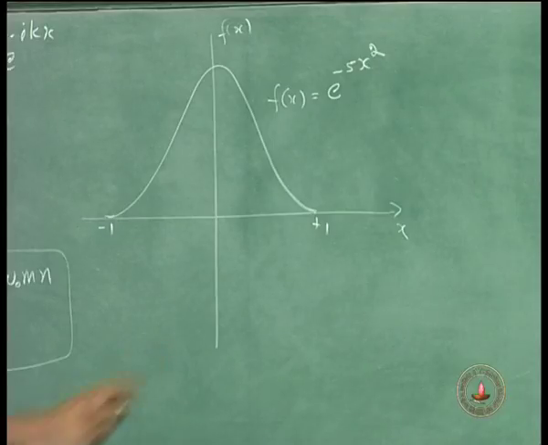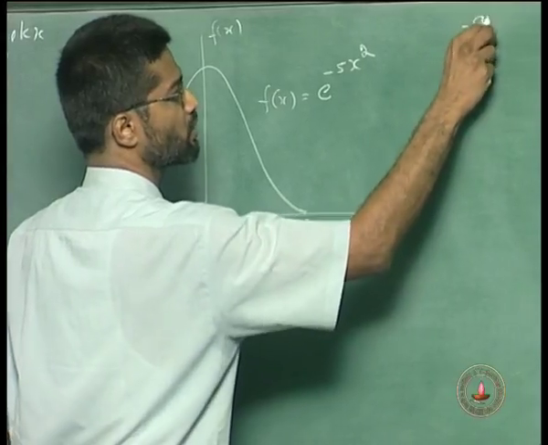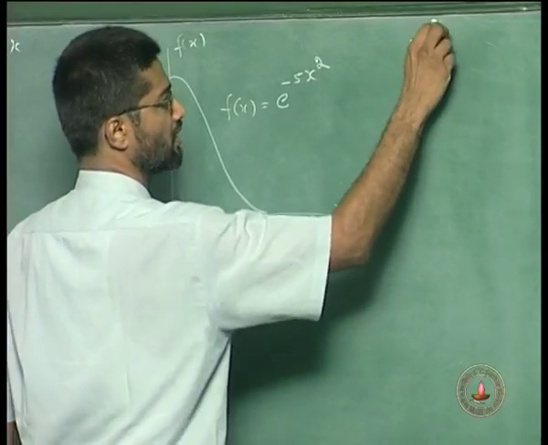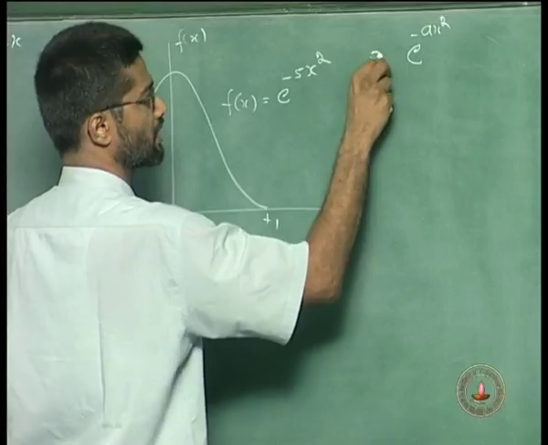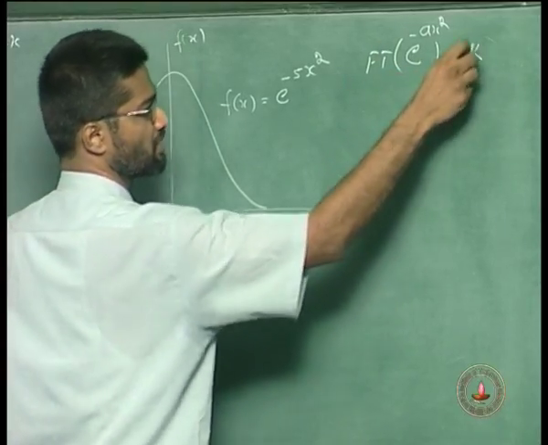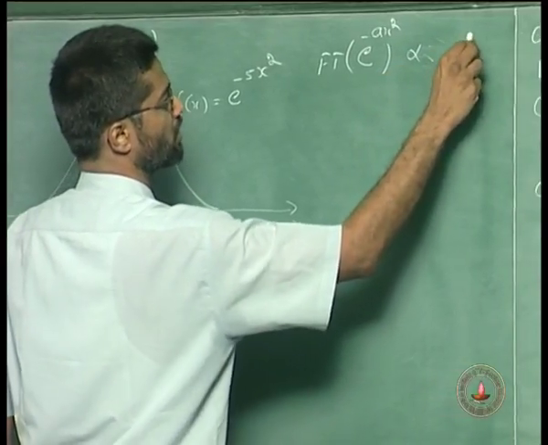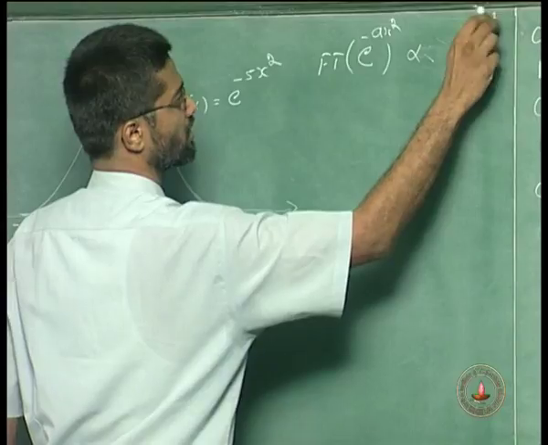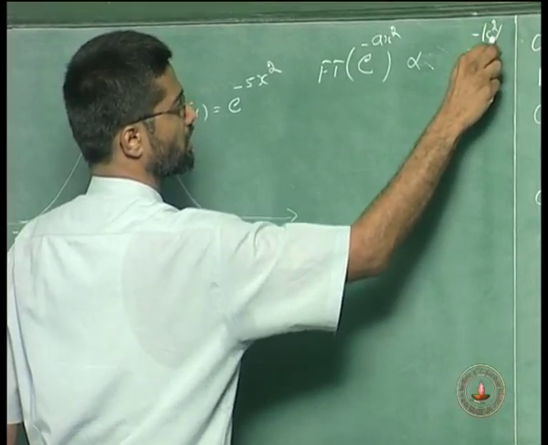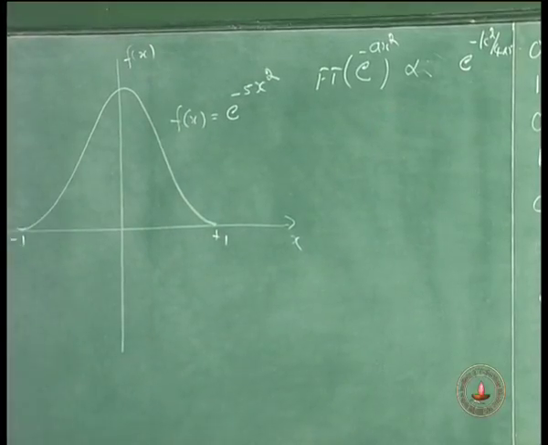The Fourier transform of e to the power of minus a x squared is, up to a constant factor, e to the power of minus k squared by 4 times 5. I write proportional here because there is some constant.